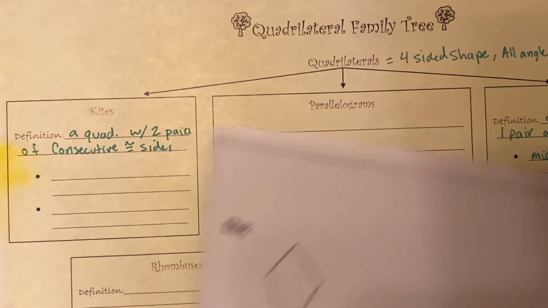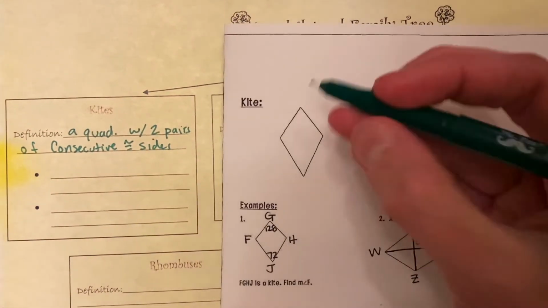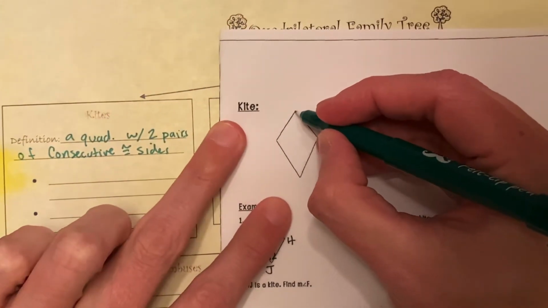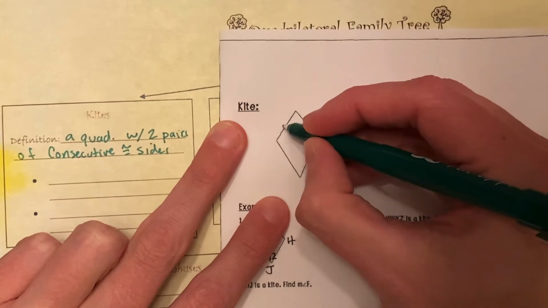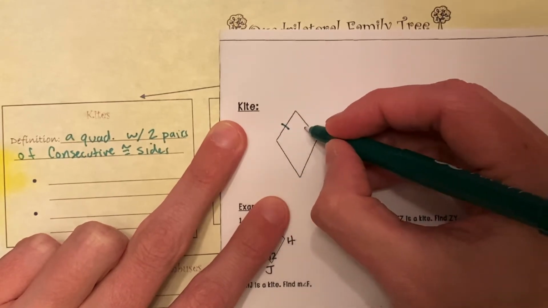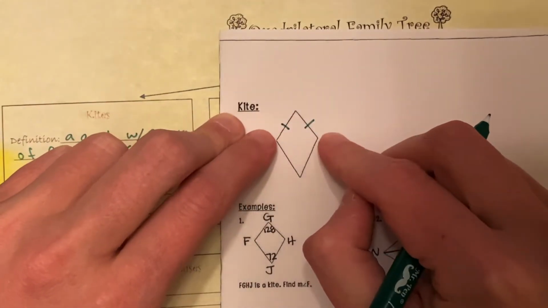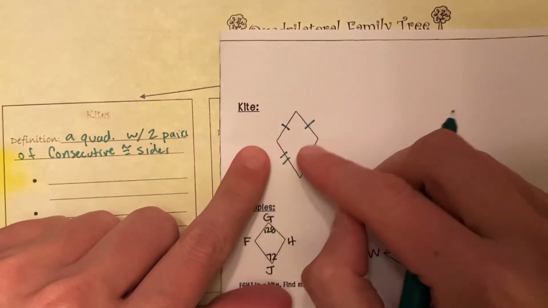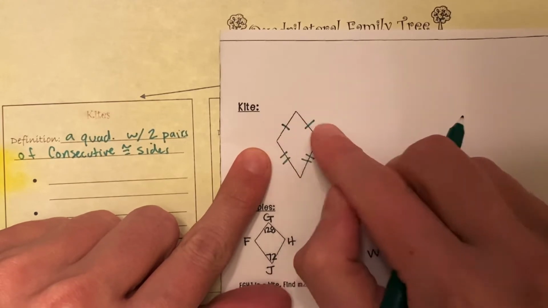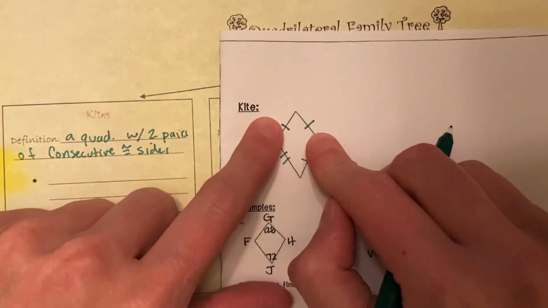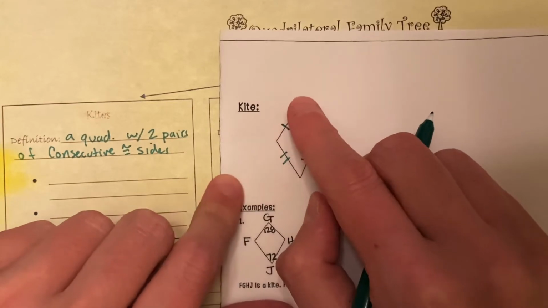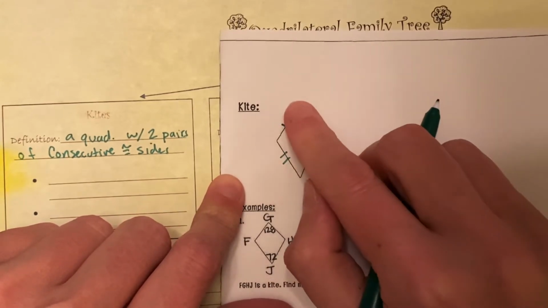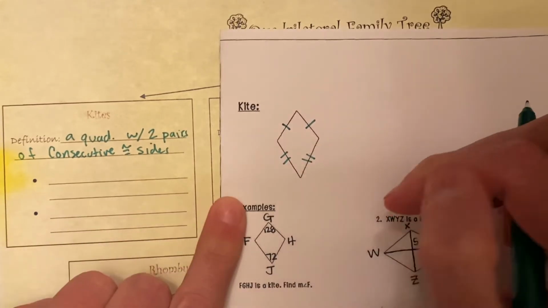What it means by consecutive congruent sides is if I was to follow this side and then this side, this would match this one, and then the bottom two would match each other. So you have two pairs, right? The top pair and the bottom pair, where the top pair match and the bottom pair match.